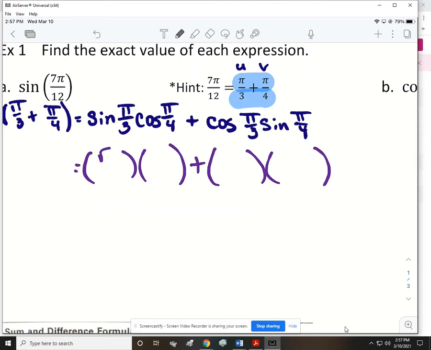So pi over 3 has 3 bottom fingers over 2. Right? And then for cosine of pi over 4, we use our pi over 4 finger. Cosine is the square root of the top fingers over 2. Right, and we'll do cosine of pi over 3. So use our pi over 3 finger, square root of top fingers over 2. And then for sine of pi over 4, use the pi over 4 finger, square root of bottom fingers over 2.